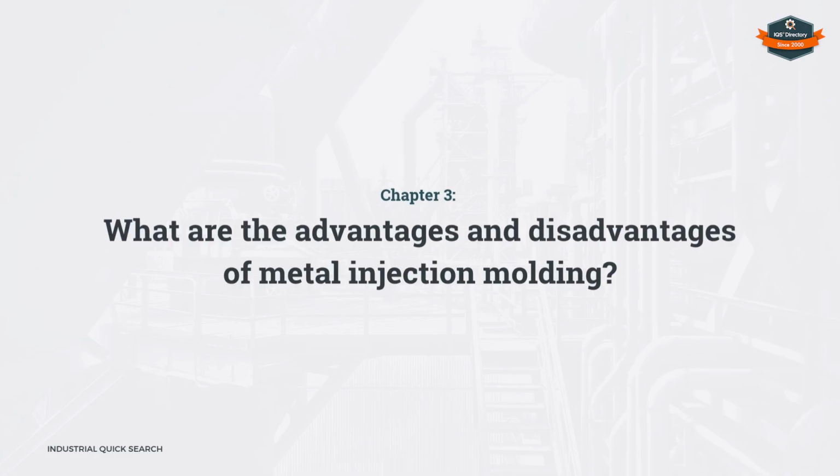Chapter 3. What are the advantages and disadvantages of metal injection molding?